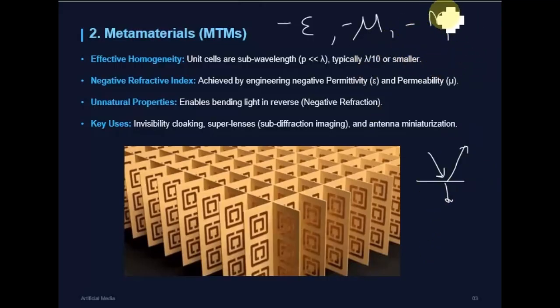But when we have a negative refractive index, it seems like the wave is moving in the backward direction, not the forward direction. So metamaterials contain these kinds of properties which are not found in natural materials.